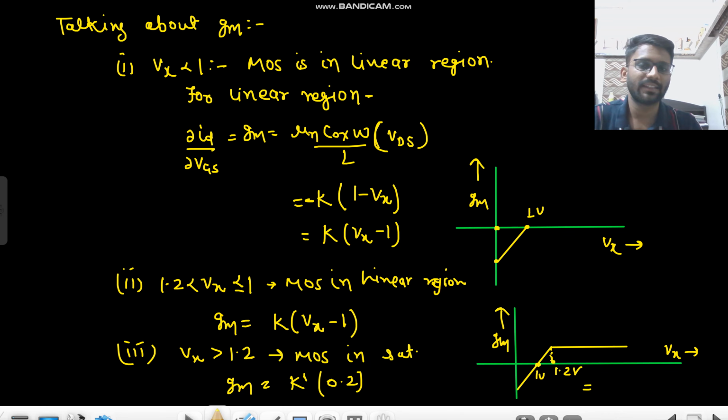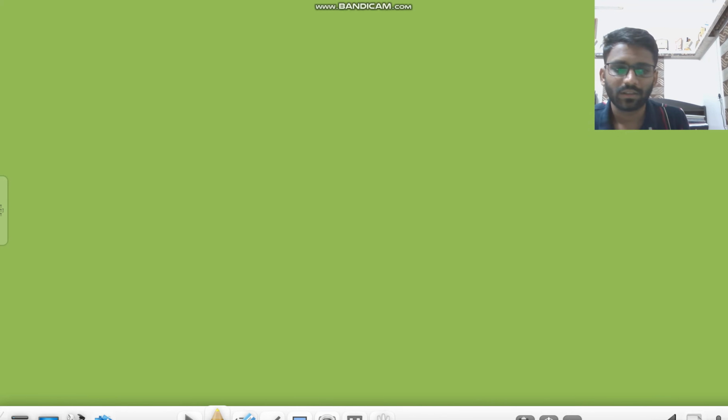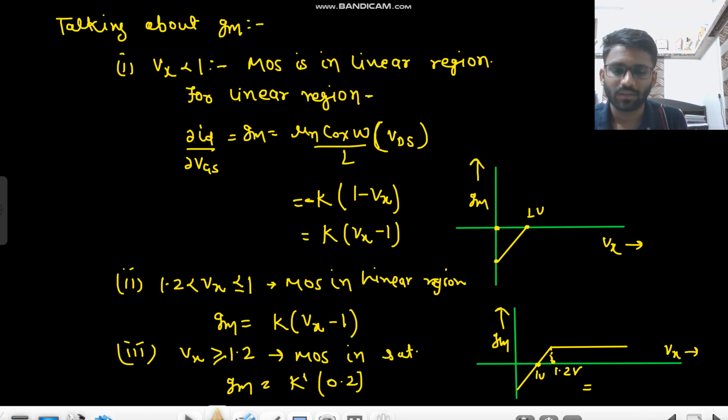When Vx is less than 1, MOS is in linear region, and for linear region, this is the equation we have. So what we need to find is delta Ix upon delta Vgs.